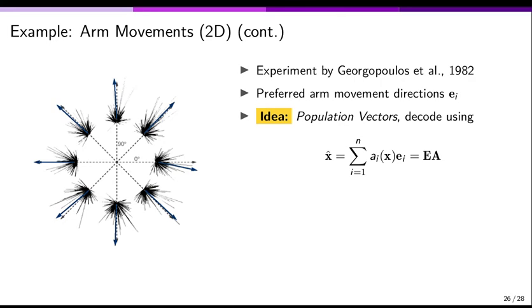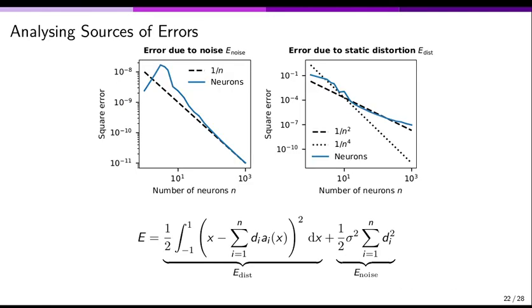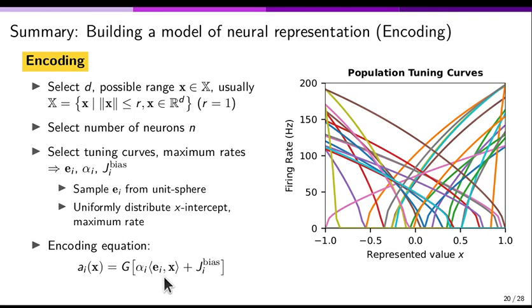Instead, what Georgopoulos ended up doing was saying, well, I can look at each of those neurons and, just from the activity of the neurons, I can figure out what E was. I can figure out the E value for each neuron, because that's just the direction that causes that neuron to fire the most.